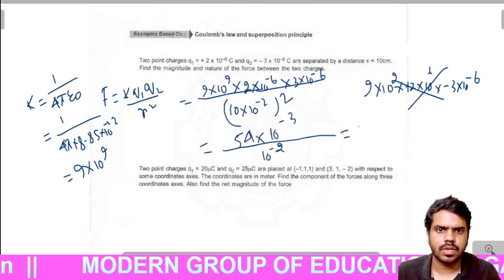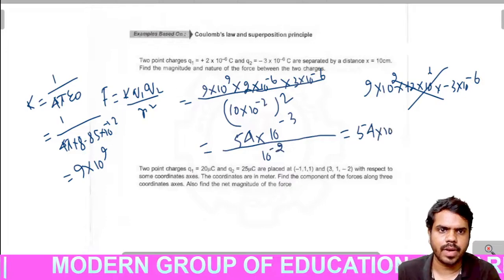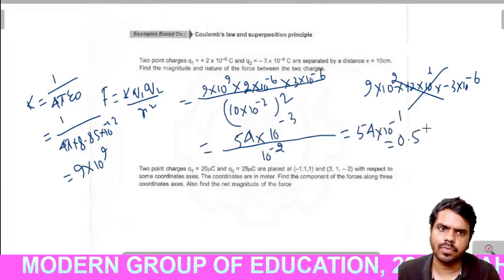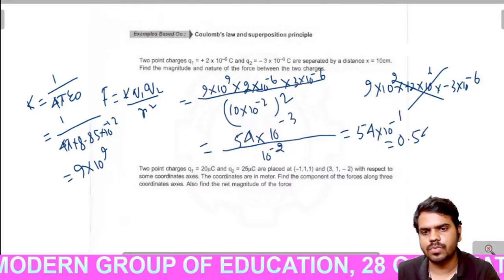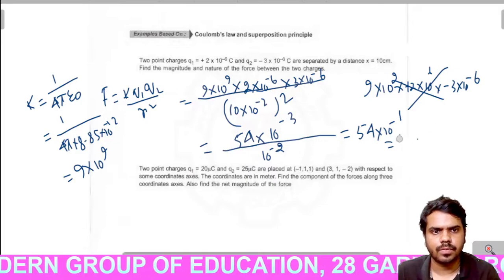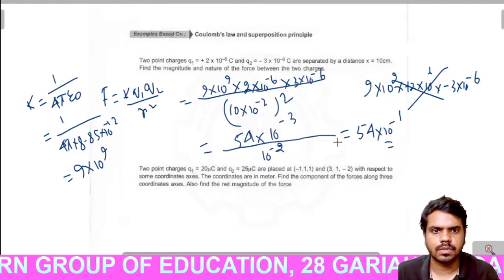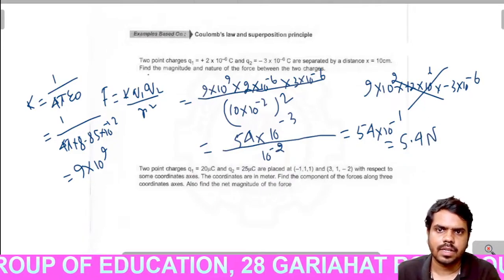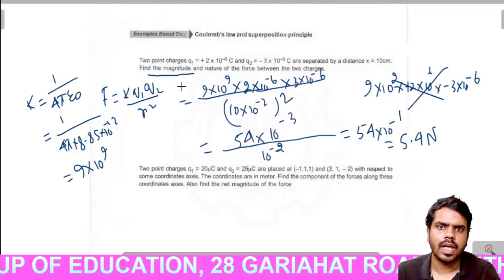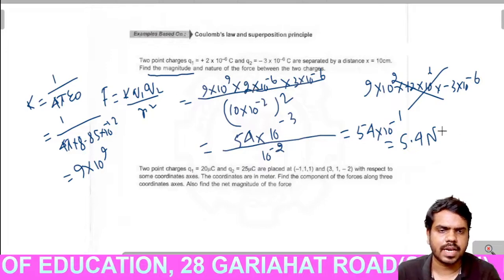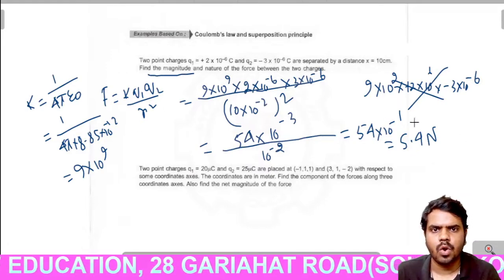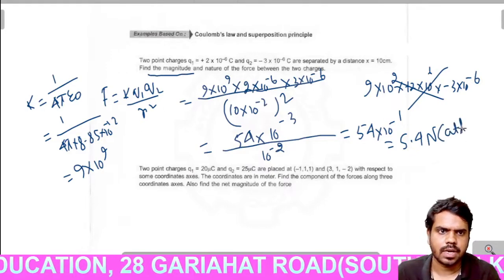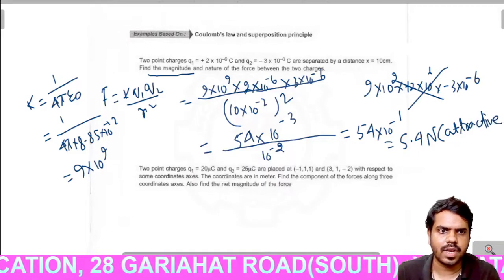So this is 54 into 10 to the power minus 1, that is 5.4 Newton. So this is the answer, 5.4 Newton. I found the magnitude, and the nature of the force is attractive because both the charges are opposite in nature. This is the final answer.